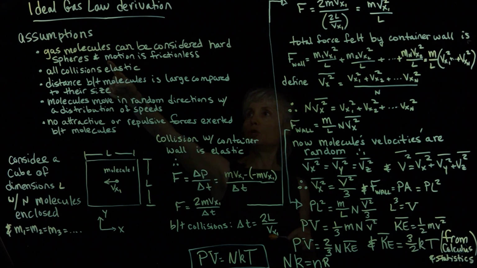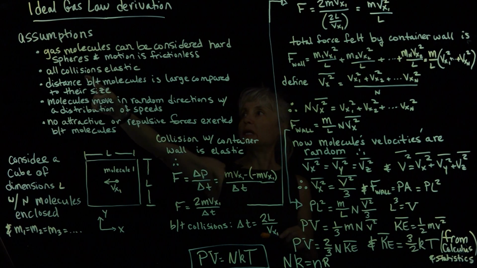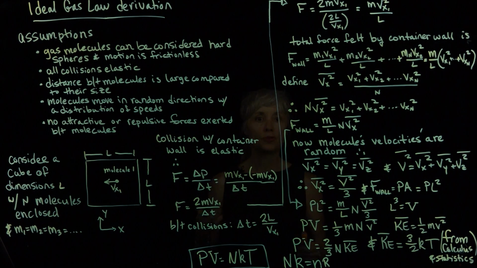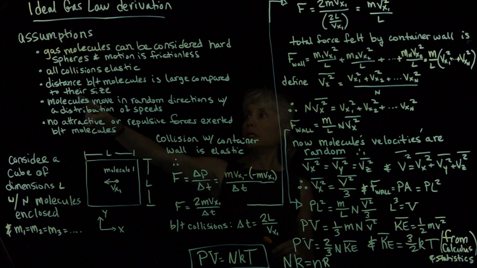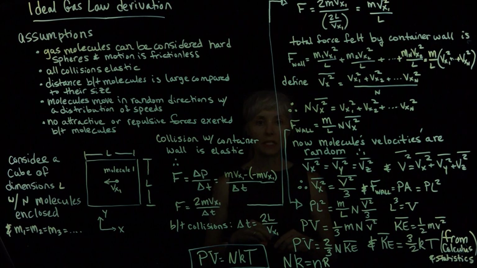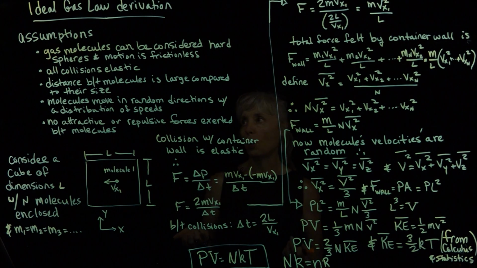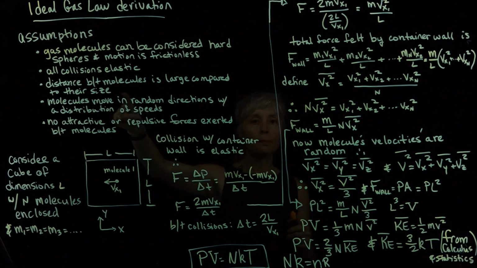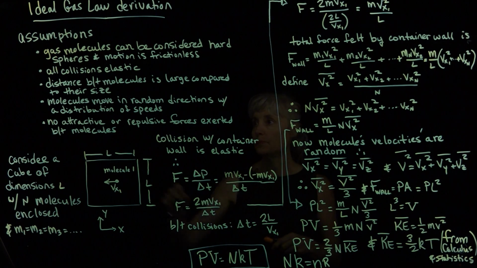The gas molecules must be able to be considered as hard spheres, and their motion is frictionless. In addition, all collisions must be elastic. That's collisions with other molecules and also with the container walls. The distance between the molecules is large compared to their size.